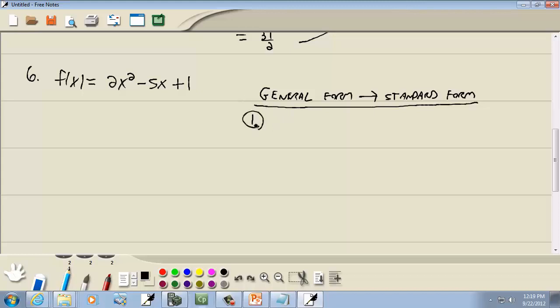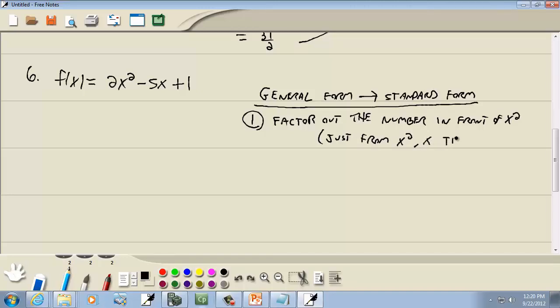And what we're going to do first is factor out the number in front of the x squared, and just from the x squared and x term.